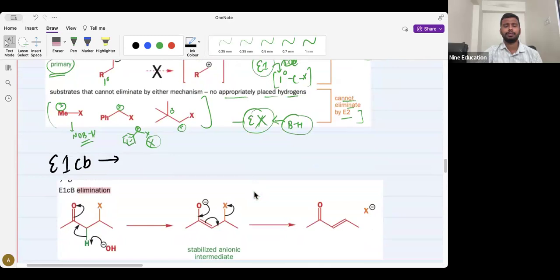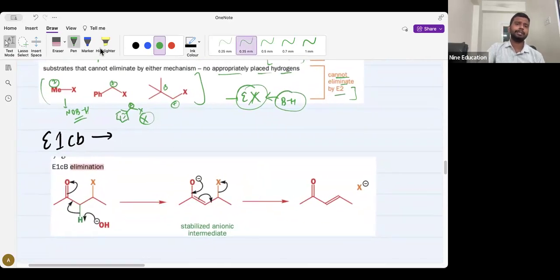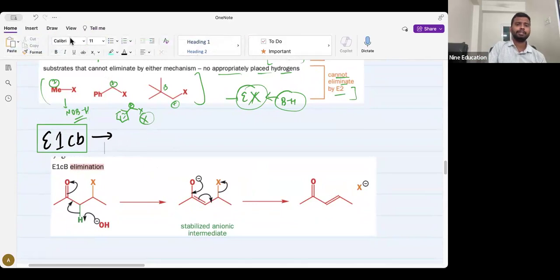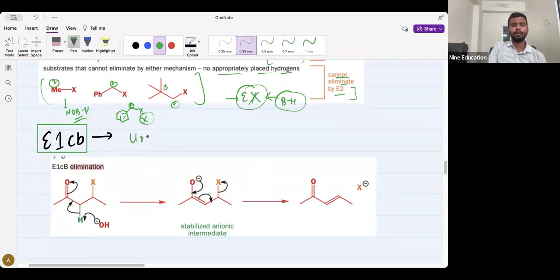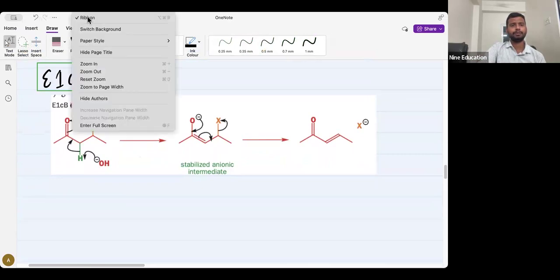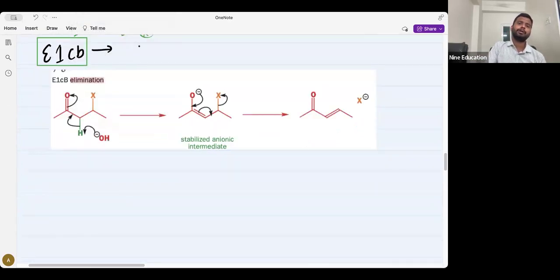Okay. New mechanism we will see today. This is known as E1CB. है ना? We studied E2, we studied E1. Now this is E1CB. E1CB stands for unimolecular elimination with formation of conjugate base.